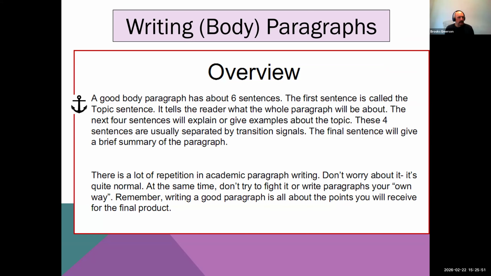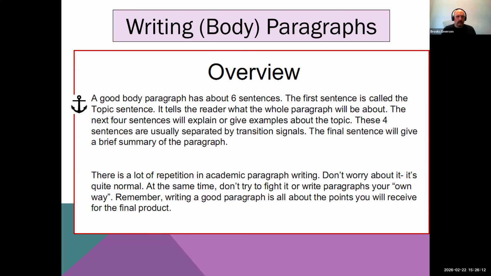A good body paragraph is about 6 sentences, and each sentence has its role, as you'll see. The first sentence is called the topic sentence. What you're saying is, this is what I'm going to tell you about.